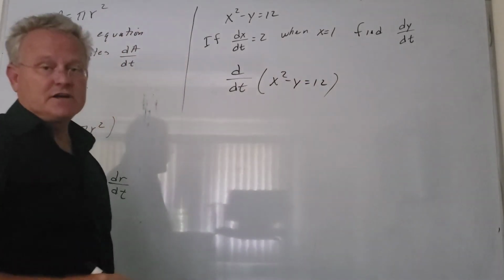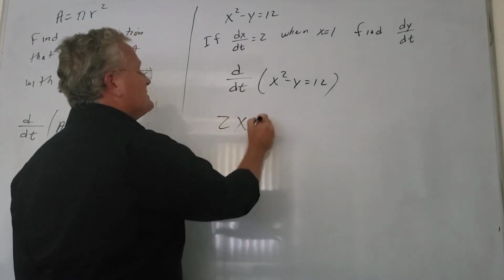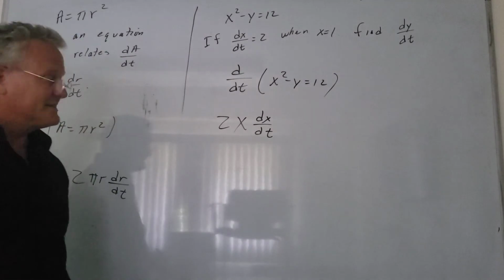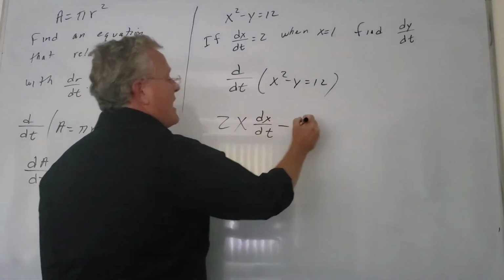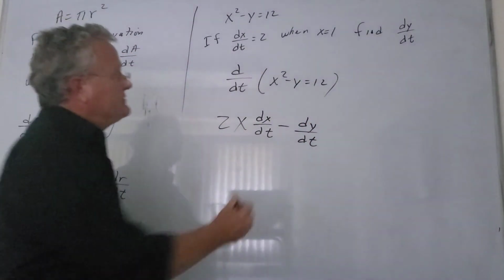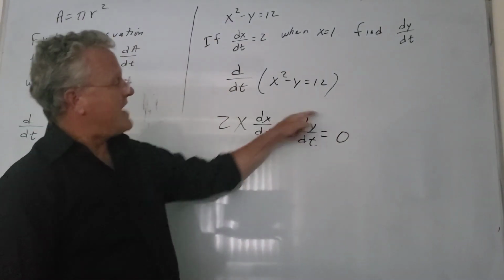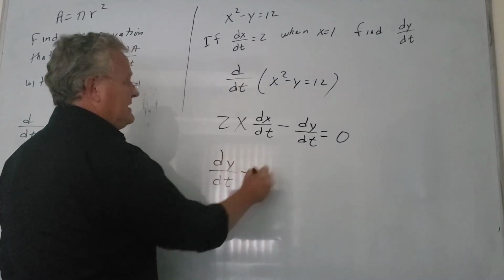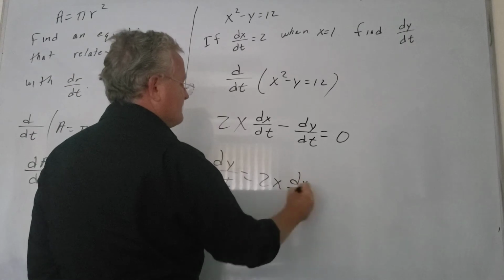The derivative of x squared with respect to time is 2x to the 1 times the derivative of x, but the derivative of x with respect to time is dx/dt, minus the derivative of y with respect to time, well, that's dy/dt, and the derivative of any constant is 0. So if I add dy/dt to both sides, we get dy/dt equals 2x times dx/dt.